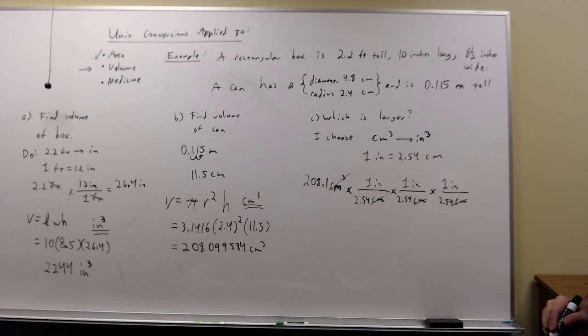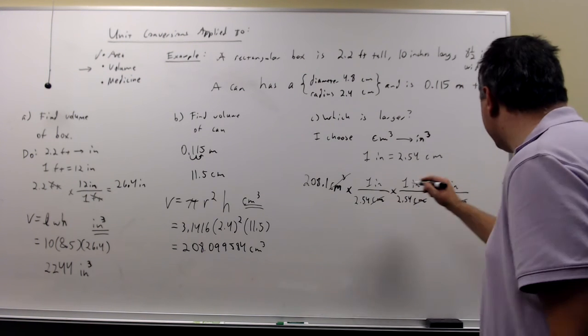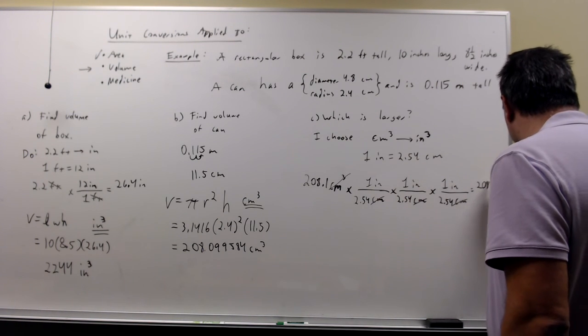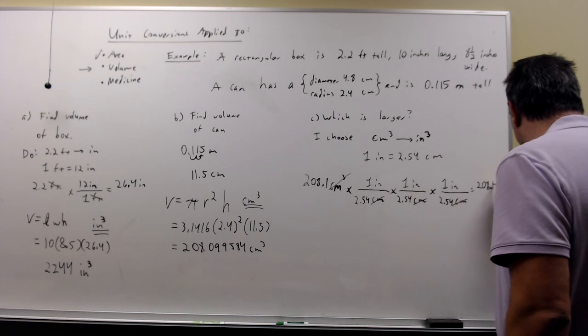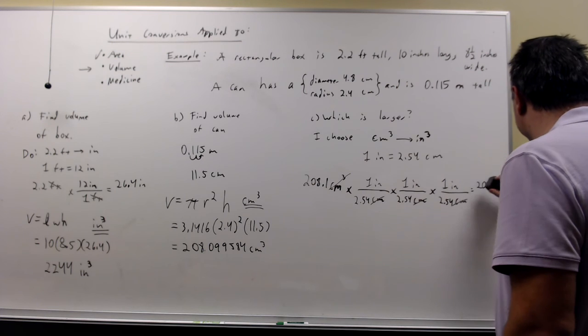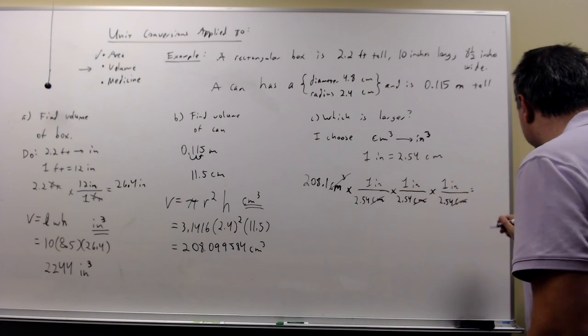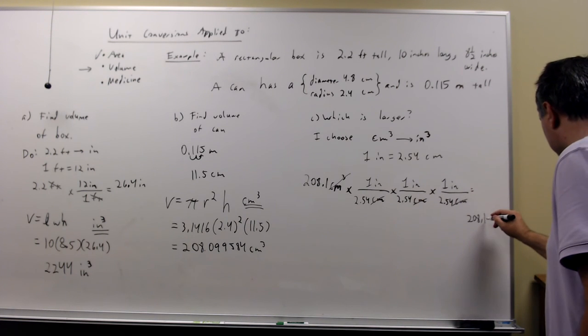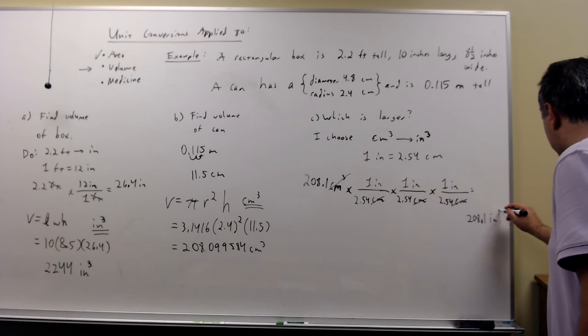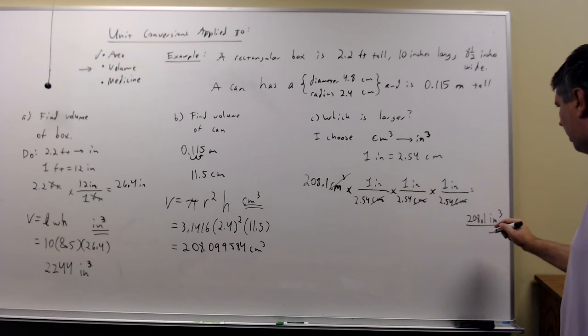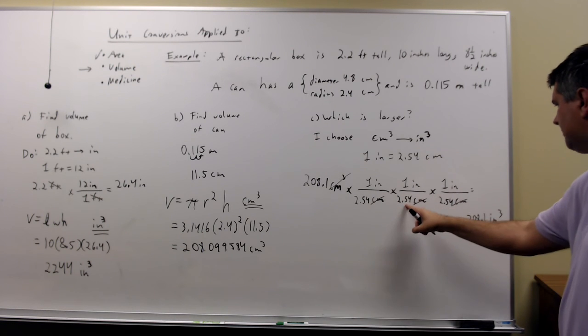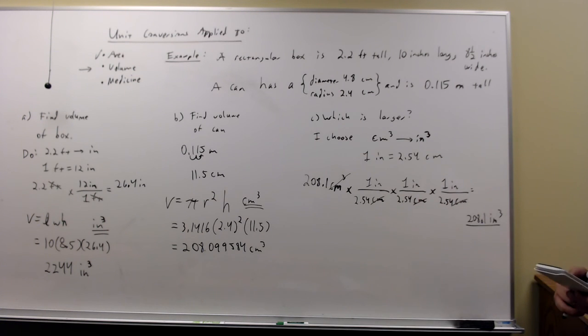So that gives me 208.1 inches cubed from these three over 2.54 times 2.54 times 2.54.